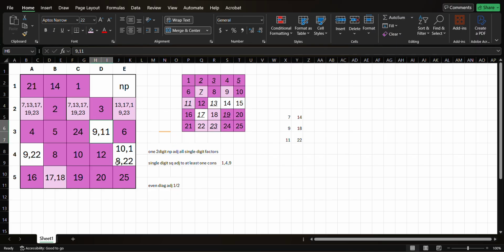What have we got left for the 22? So 22 can't go there anymore because there wouldn't be an 11 next to it. And then the only place left for that 22 is here, which makes the diagonally adjacent 11. So again, 11 and 22 are done.